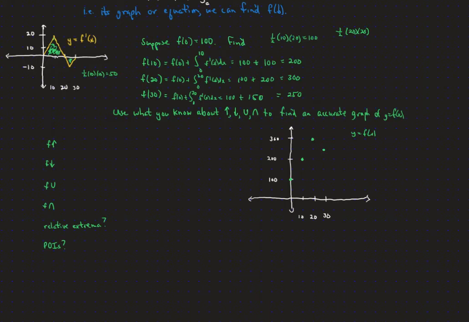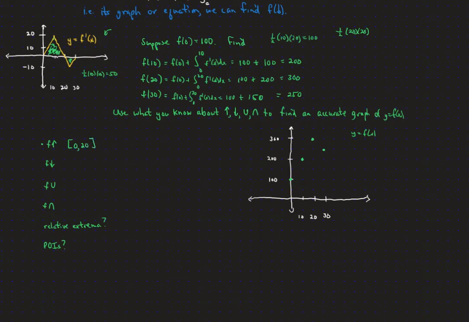This graph in yellow is the derivative. So we know that f is going to be increasing when its derivative is positive. And we can see that's going to be between 0 and 20. Now, f prime is positive. We wouldn't include the 0 and the 20, but for f increasing, we will include both the 0 and the 20.